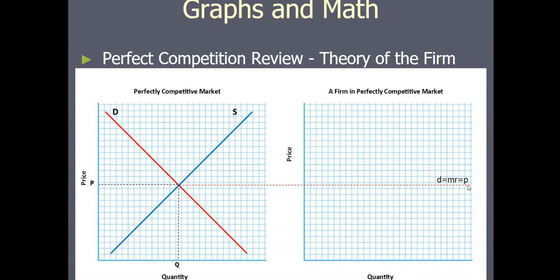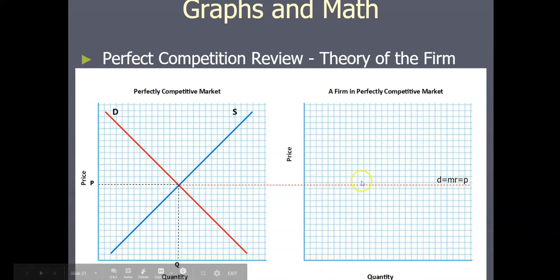If a farmer tried to sell his or her wheat for $4, these consumers would say, forget that, I'm going down the road and I'm getting it for $3 because that's the market price. I'm not buying your $4 wheat. That's just silliness. All right, and we'll review again, but this is going to be the same thing as the firm's marginal revenue. So because this is a perfectly elastic demand curve, this is the price at which a firm can sell its product.